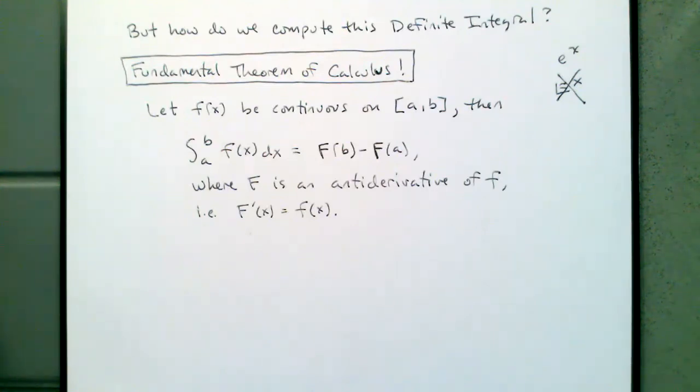Okay. And then it said to be continuous on a and b. So when we see that interval, basically it means big F of b minus big F of a. It's like the final minus the initial. That's how we calculate the definite integral using the fundamental theorem.